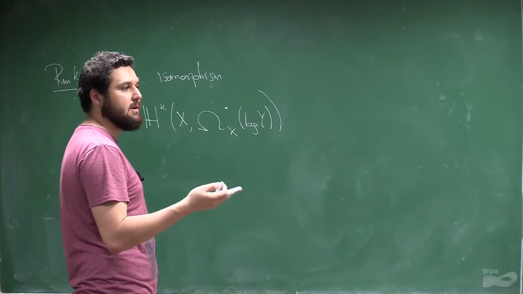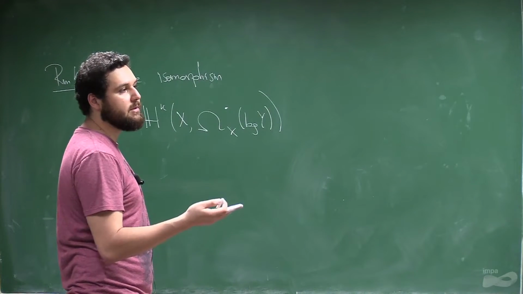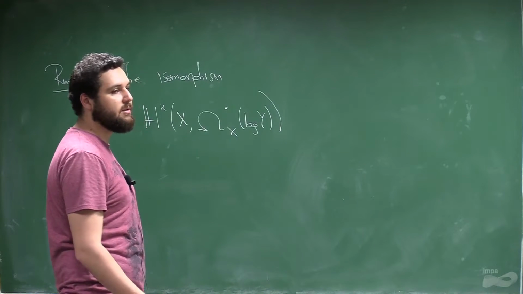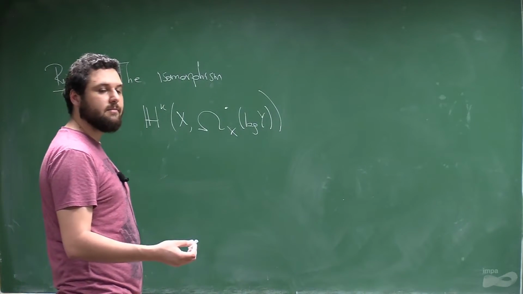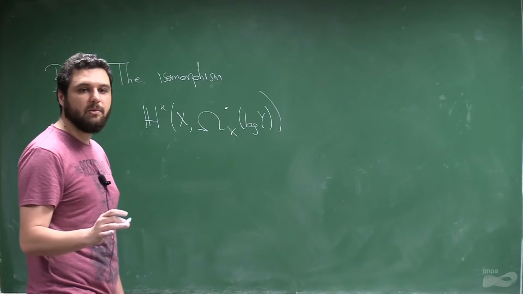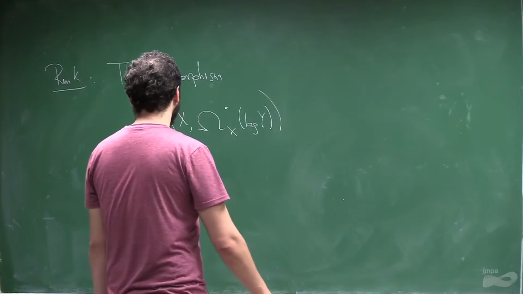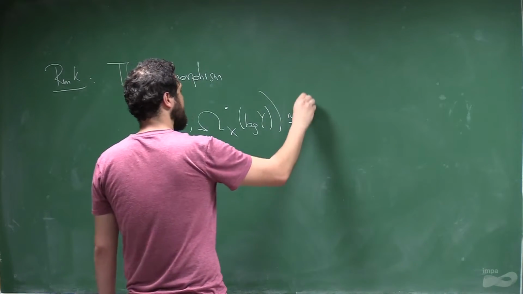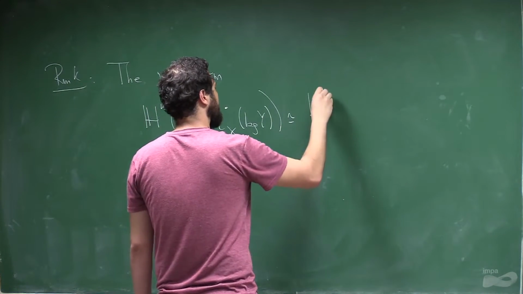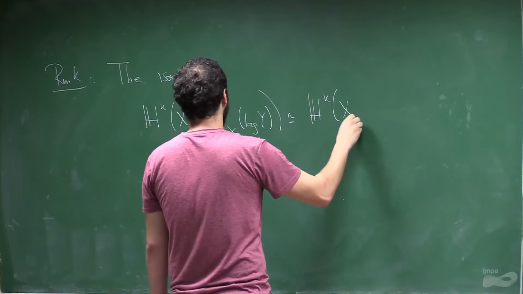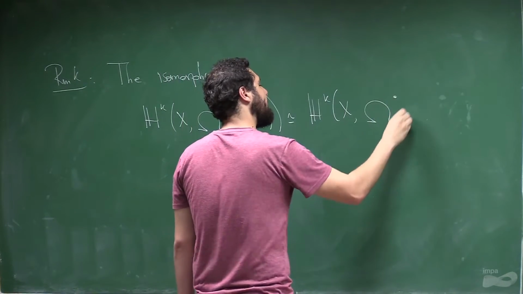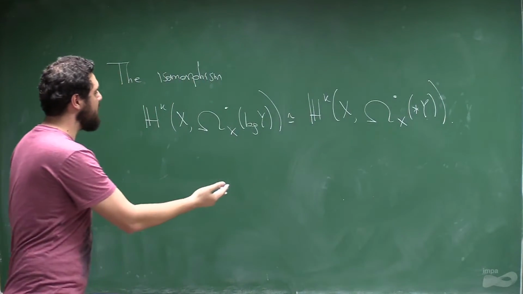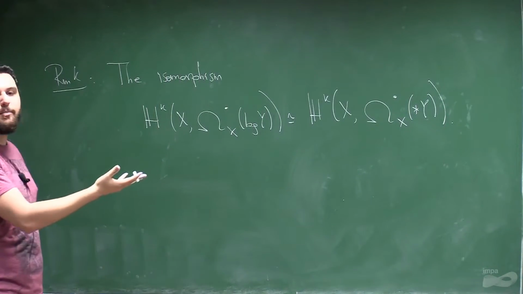I mean, this will enable us to prove Griffiths' theorem in a more or less simple way, right? So, well, this isomorphism, right? This is the algebraic de Rham cohomology of the affine part, right?